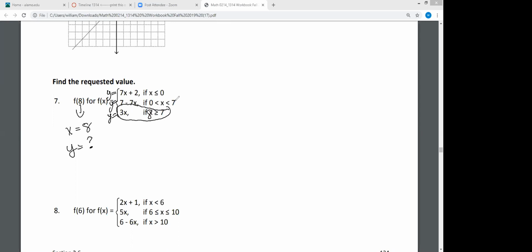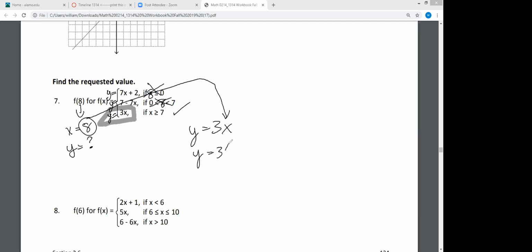8 is greater than 7. You see, is 8 between 0 and 7? No. Is 8 less than 0? No. We have to use the bottom one because 8 is greater than 7. So we have to use this one. Y equals 3x. And we have to plug 8 into the x.